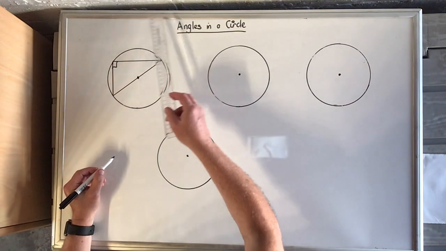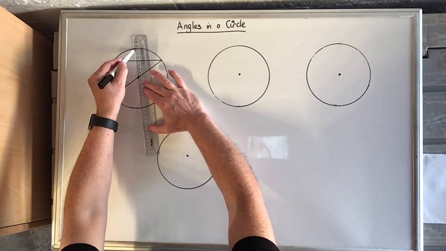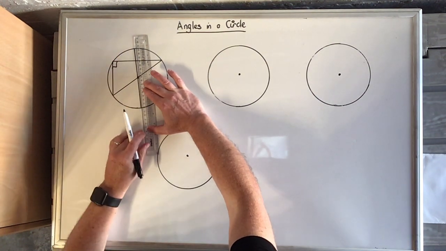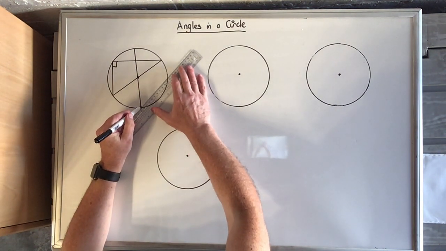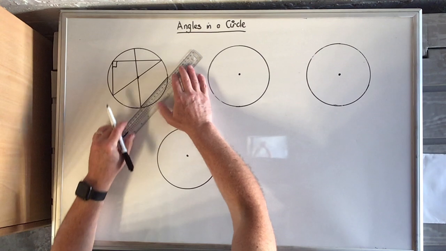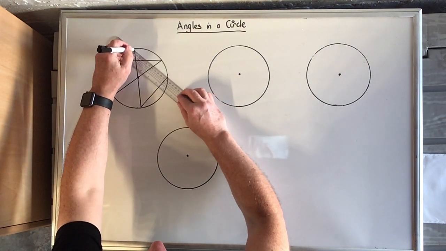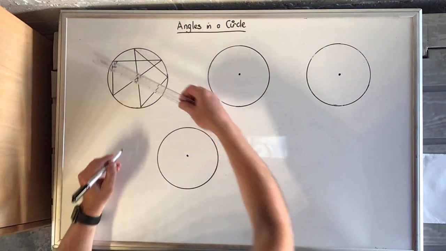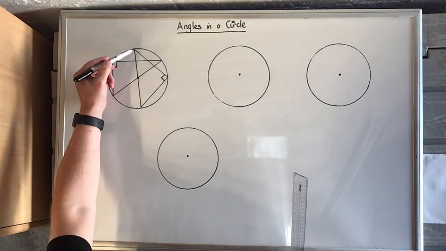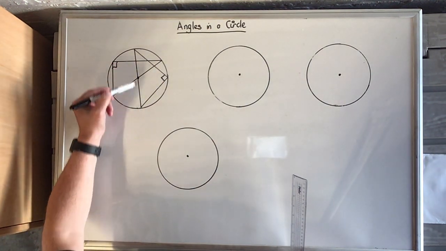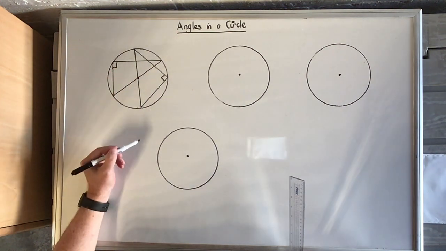I'll just put another triangle in here and we'll show you another one. So here's the diameter. So that's the diameter of the circle. If I form another triangle on the circumference, on that side and on that side, there we go, then this is a right angle, because this triangle here, you can see that that's the diameter and that's the hypotenuse of this triangle here.